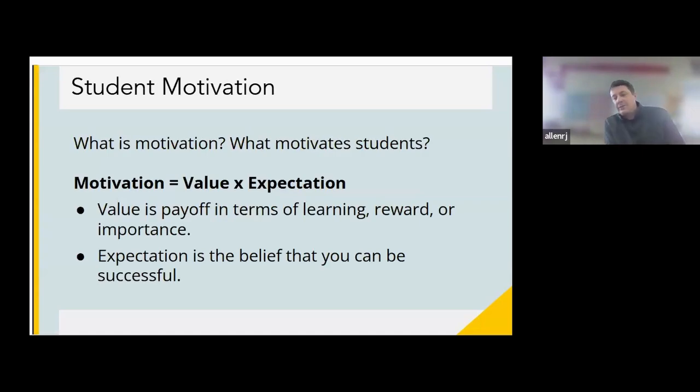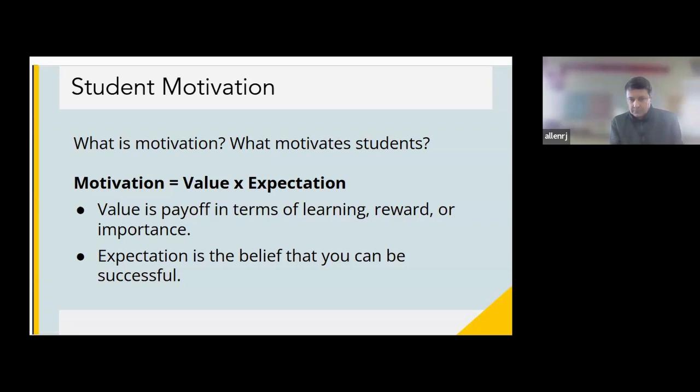I'm sure a lot of you have seen this before: motivation equals value times expectation. The value is the reward, which could be intrinsic or extrinsic, in terms of the importance of learning to the student. And the expectation is whether or not you think you can be successful.